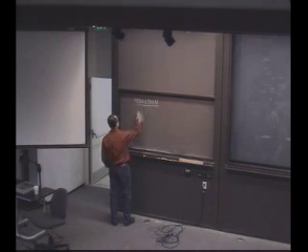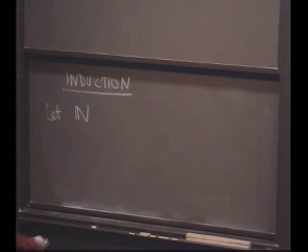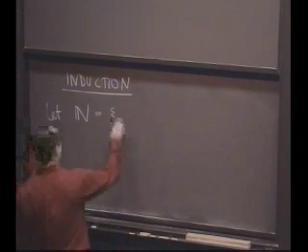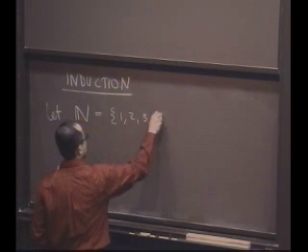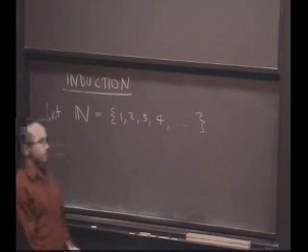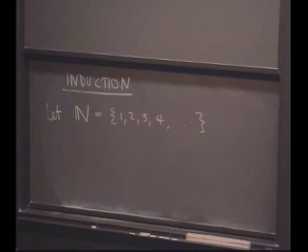Let me just remind you what we're going to think of as the natural numbers here. Natural numbers I will think of as starting with 1, and it's the positive integers, if you like.